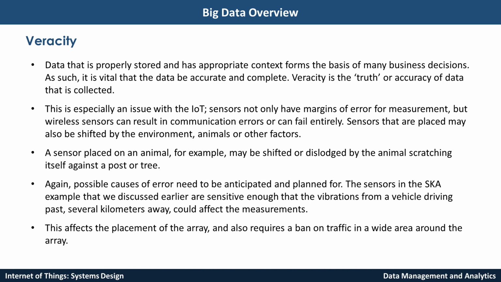Veracity refers to the uncertainty of data or the poor quality of data. In lesson 3, we discussed errors that could happen in sensors. There are many different errors. In addition to the errors, you could also have sensors displaced, shifted or dislodged due to the nature of animals or any other factor.